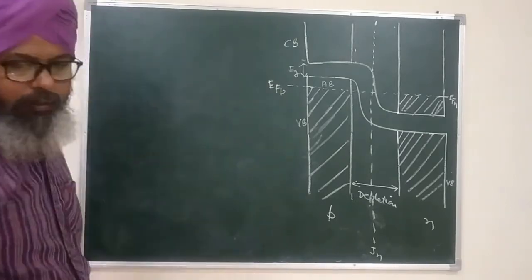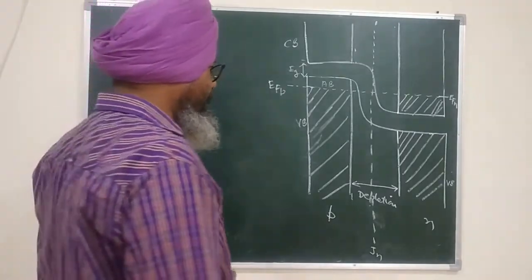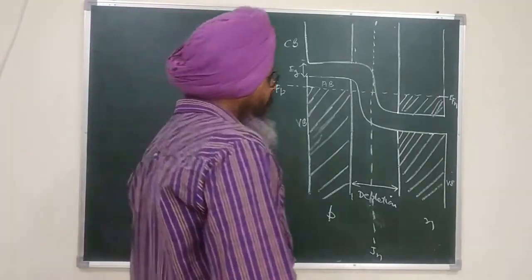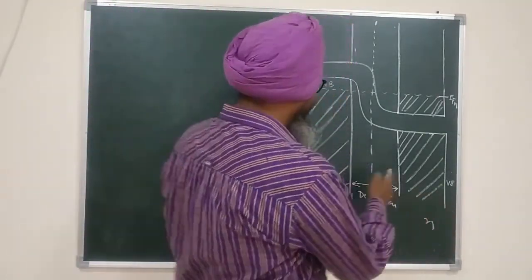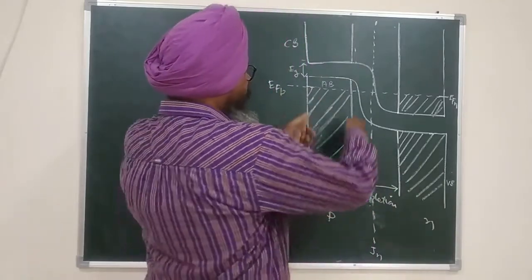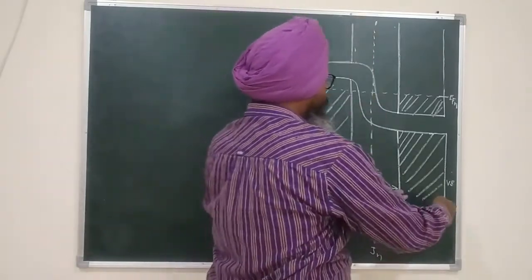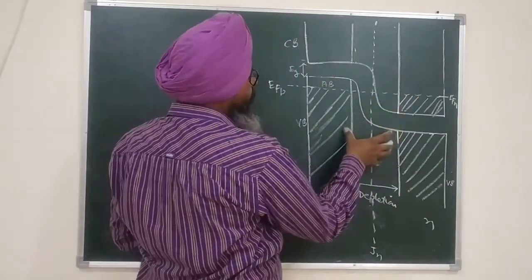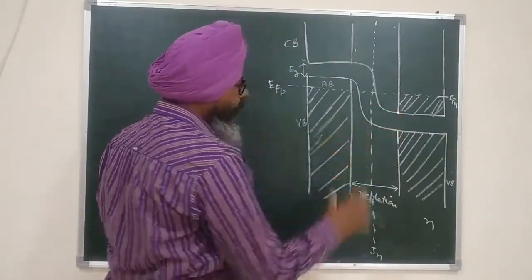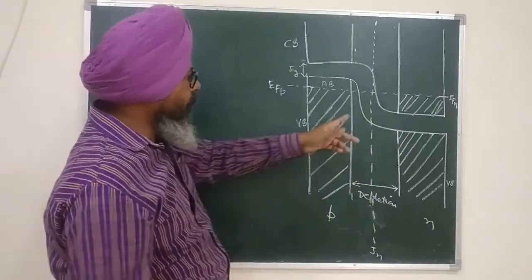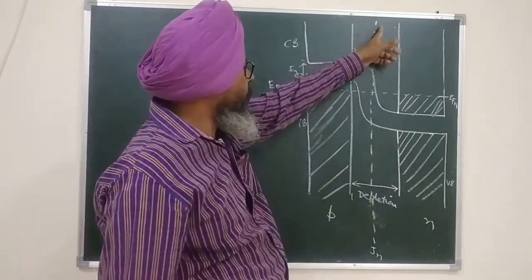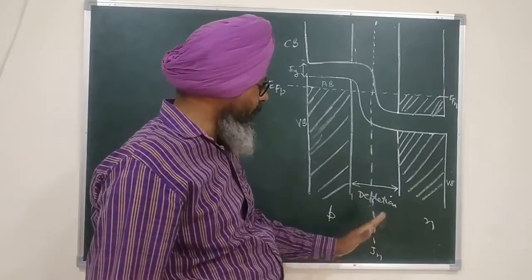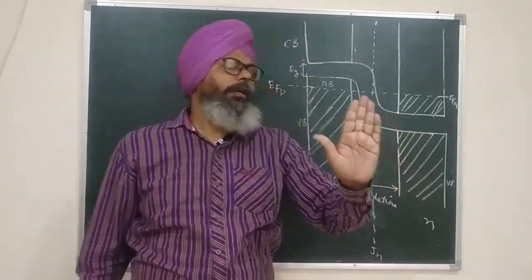Okay, let us now turn our attention to this diagram. I have already explained this portion. This portion is P, this portion is N. Now what about this region? I have shown it to be the depletion region. And in the middle of this region, I have drawn a line. Kindly remember, it's not a line, just as my hand is a surface.